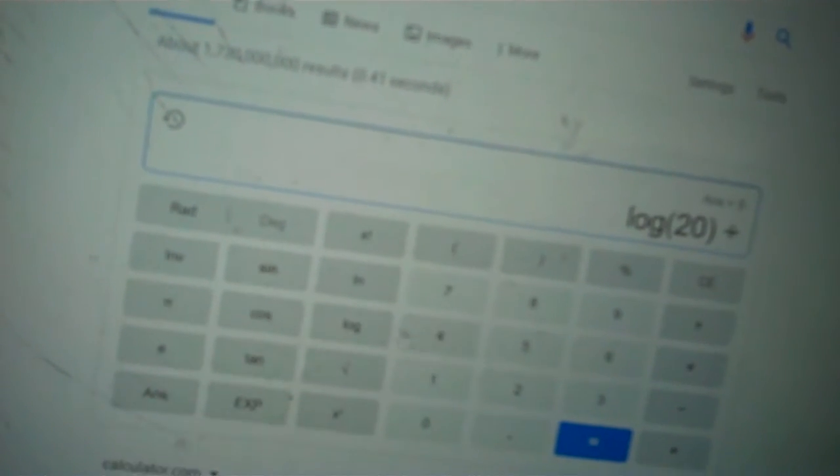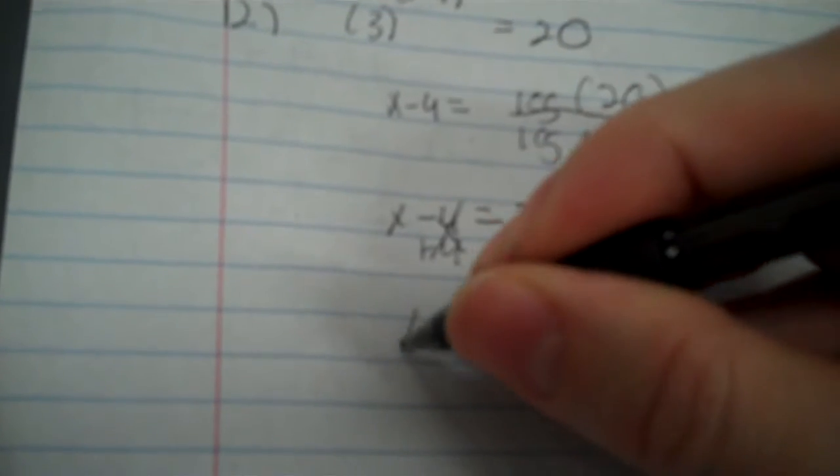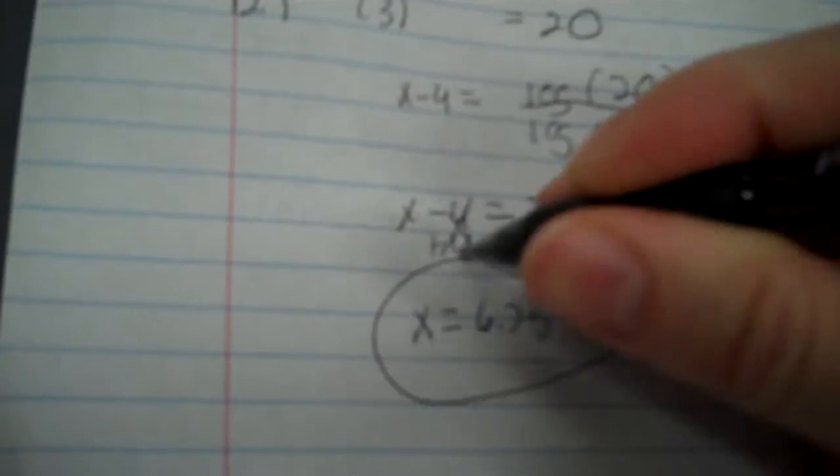So x minus 4 equals, then I go log 20 divided by log 3, and we get 2.73. So plus 4, 2.73 plus 4 is 6.73.